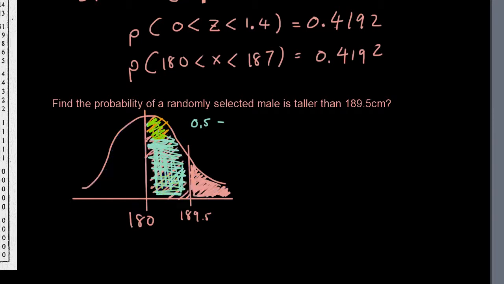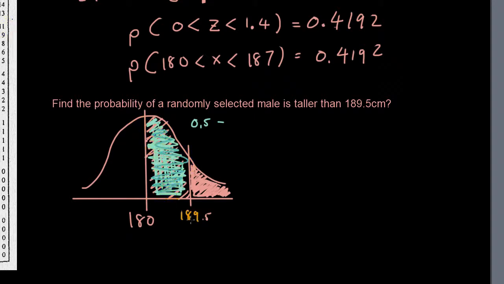So what is half of that? Half of that is 0.5. So if I did 0.5 minus the aqua color, then I will get the pink section, the area of the pink section. So how do we get the area of this section?